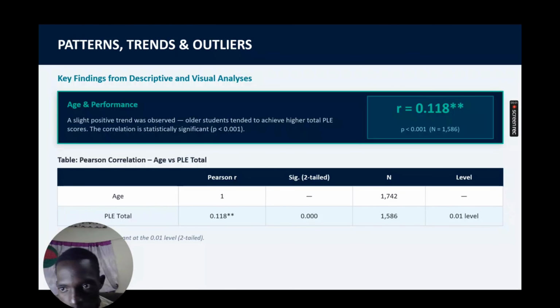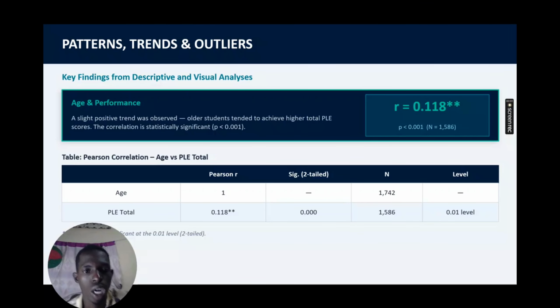So this is what I told you about the Pearson, where the one comes from. It's like saying we are getting the correlation of age and age. That is where the one comes from.